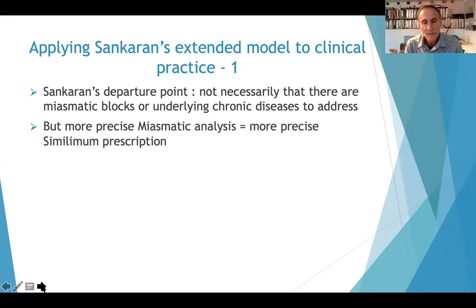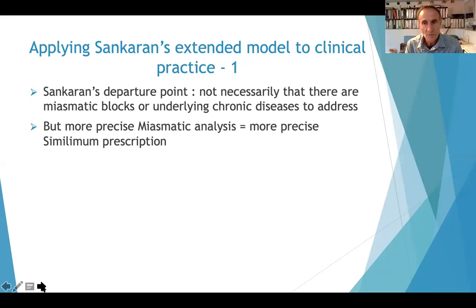He probably felt that what is important is to have a more precise miasmatic analysis, so you can have a more precise similimum prescription. We must remember that the number of remedies has increased from about 100 in Hahnemann's time to, according to Jörg Wichmann, today over 8,000 catalogued remedies.